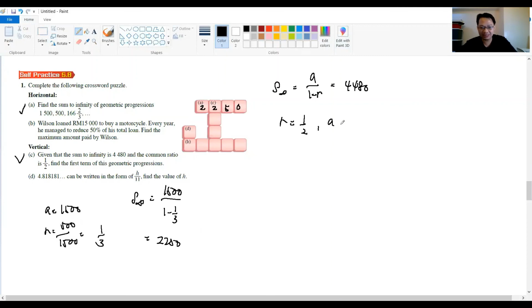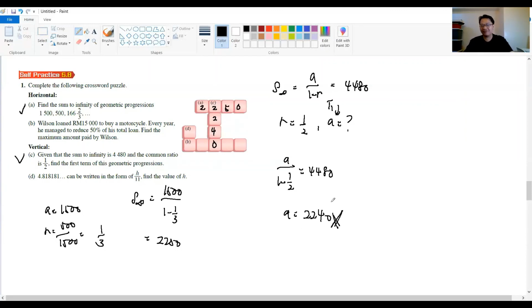Find the first term, A. Don't forget, first term means A. So just substitute: A over 1 minus 1 over 2, because we already know S infinity equals 4480. So A equals 4480 times half. So the answer is 2240. You see our start number is 2 also, that means our C answer is also correct.